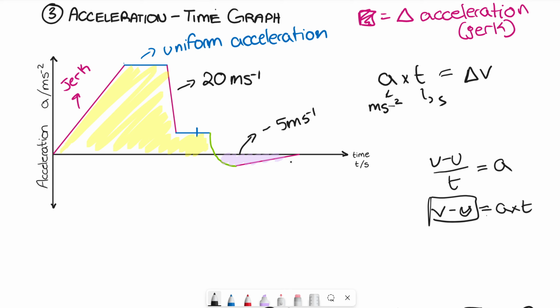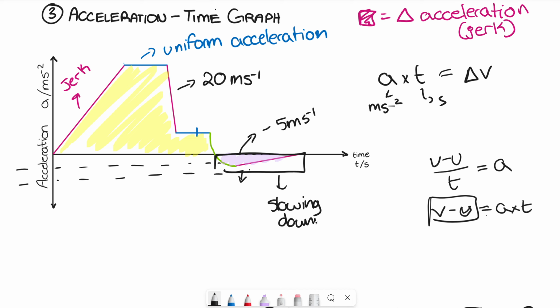Of course, for this part it's decelerating, since all the acceleration values are negative. If I go to any point across, it's going to give me a negative acceleration. So that's deceleration. This entire part is just slowing down, basically. Slowing down or decelerating.